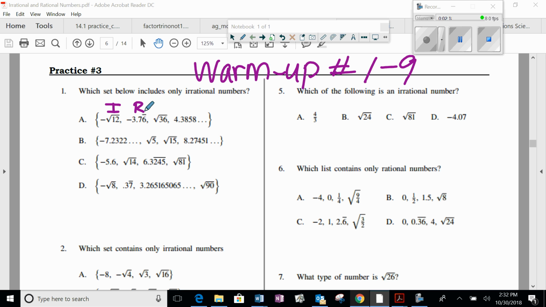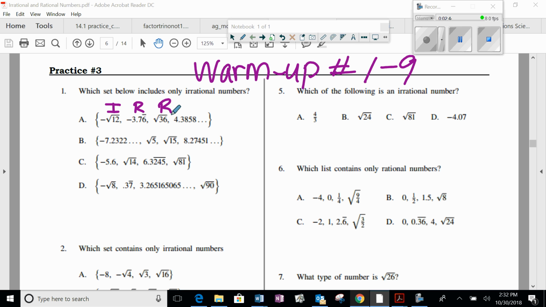So that one's not our answer. But let's go through. What is the square root of 36? Rational or irrational? It's rational because it's a perfect square. What do I mean by perfect square? A number times itself. So 6 times 6 is 36. So it's a perfect square, so it is rational.